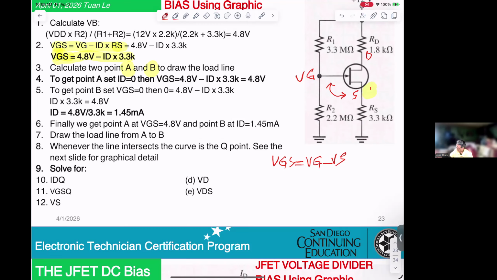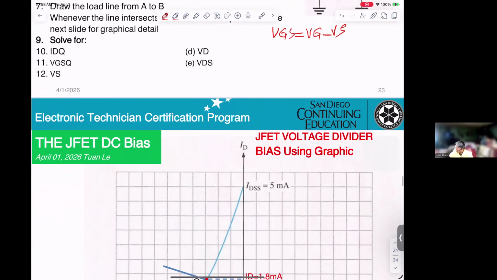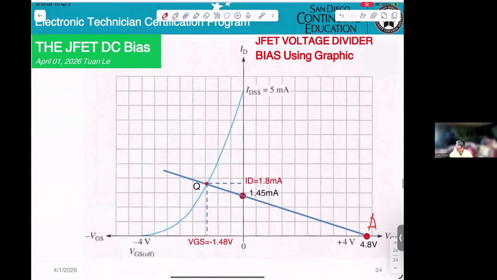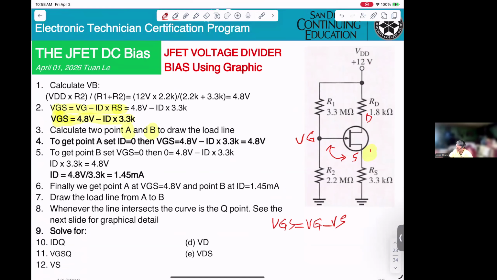VS means ID times RS. With ID equals 0, VGS equals 4.8 volt minus ID times RS, and that's why you get 4.8.